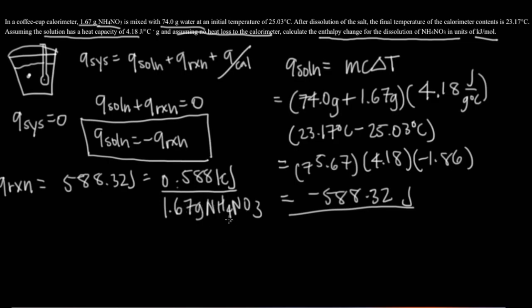So the first thing to do here is to find the molar mass of NH4NO3. You can calculate the molar mass of NH4NO3 by adding up the molar masses of 2 nitrogens, 4 hydrogens, and 3 oxygens. And if you did that, the molar mass there would be 80.043 grams.